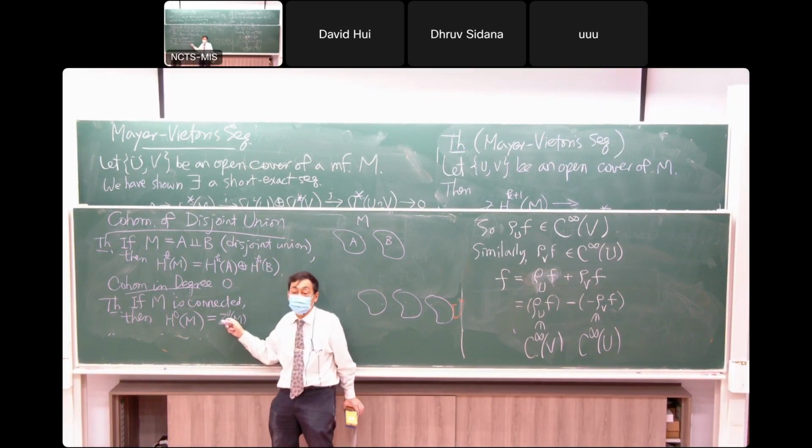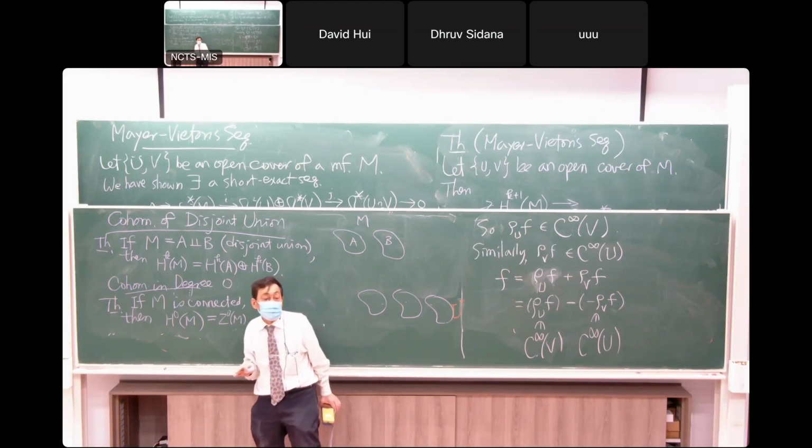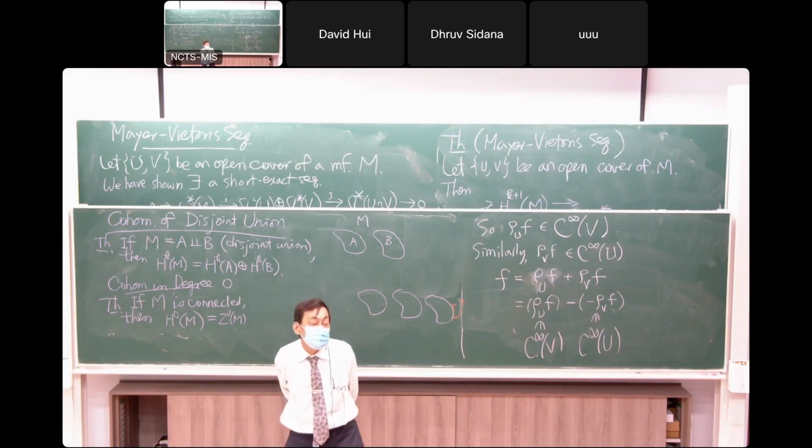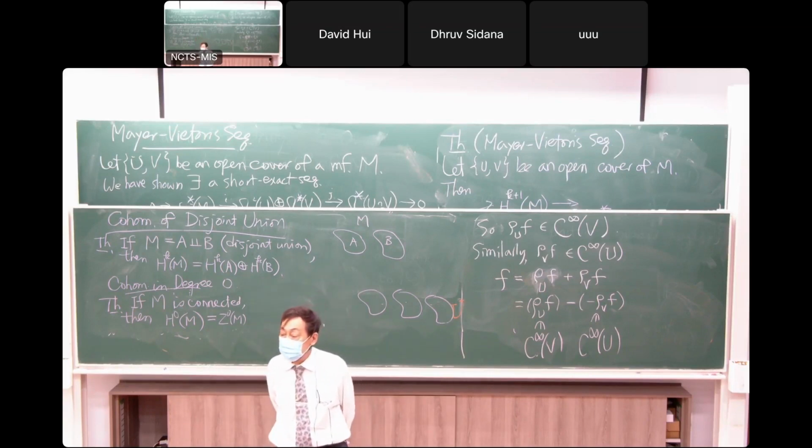And the closed zero forms are the functions whose exterior derivative is zero. That means all partial derivatives are zero. When all partial derivatives are zero, what can you say about the function? Well, it's locally constant.